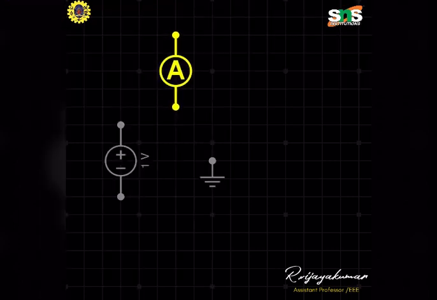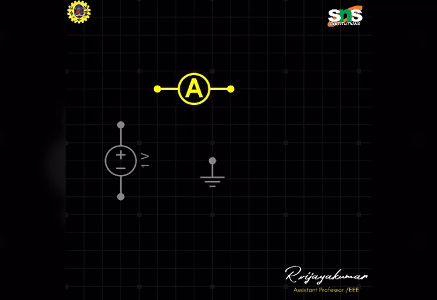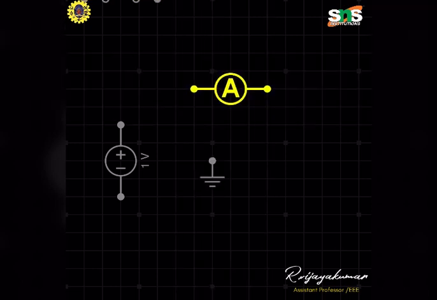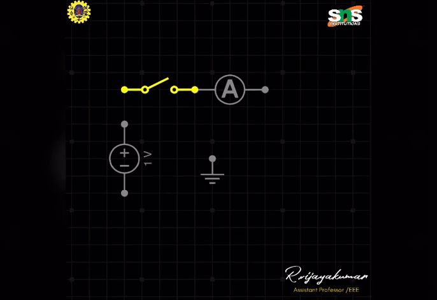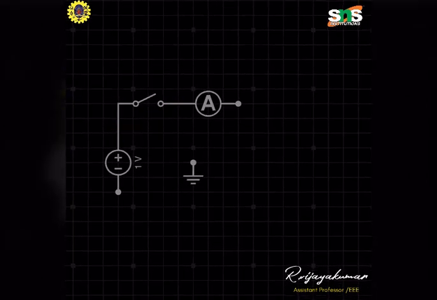I know how much current is moving because of the ammeter. I'm also adding one switch, which will help me switch the circuit on or off. This will make the simulation setup.